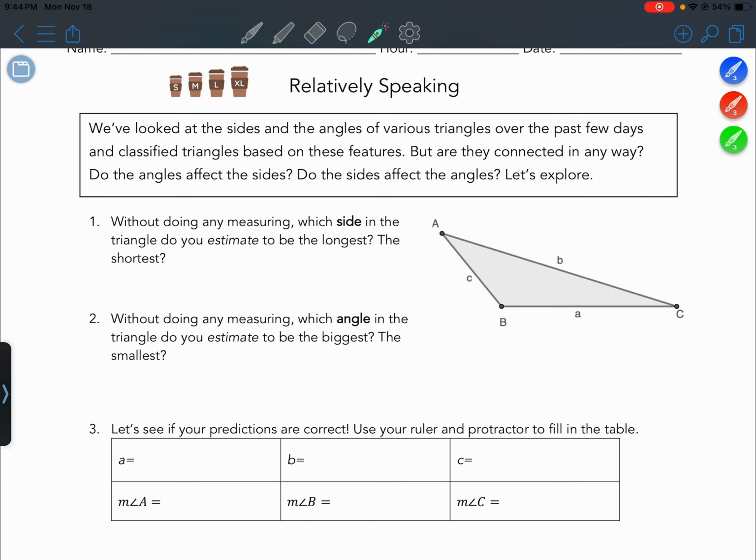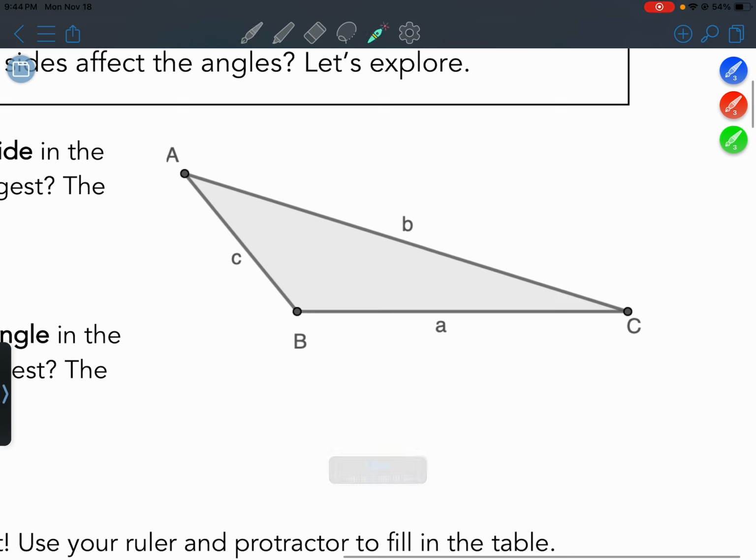Hopefully you can tell that this side here is the longest. They're referring to that as side B. So the longest is side B, and the shortest is probably going to be that side there, the side that connects point A to B, or we can just call this side C. I probably should have pointed out that they're using capital letters for each of the points, the corners of the triangle, but they're using a lowercase letter to represent each side.